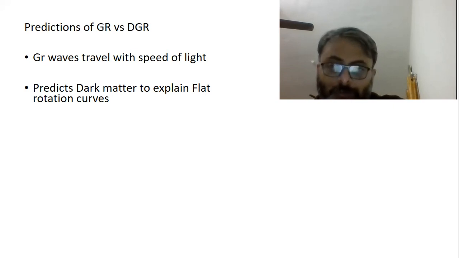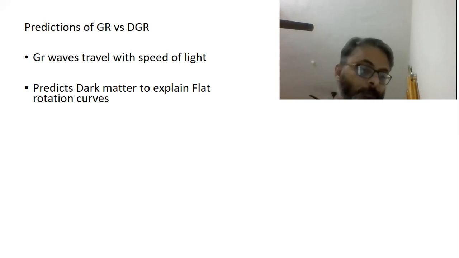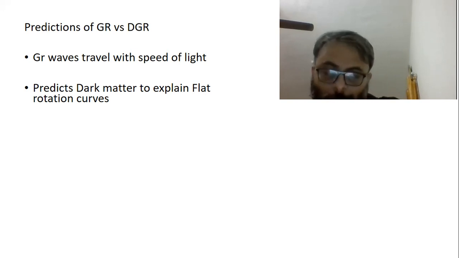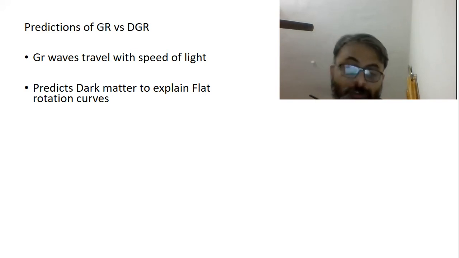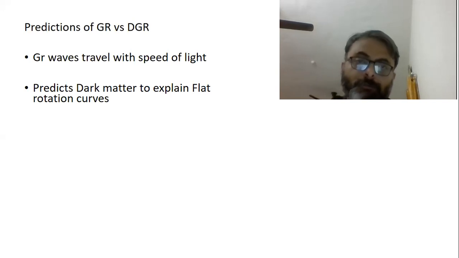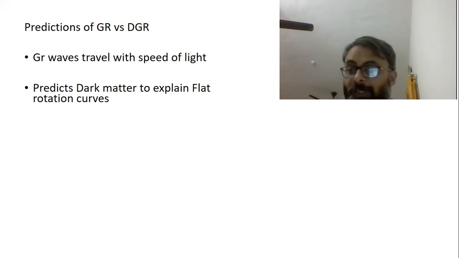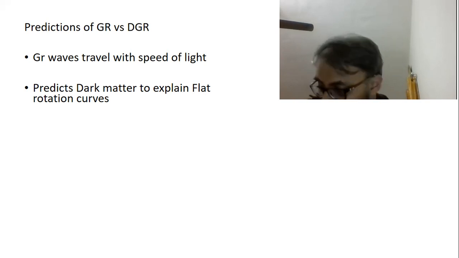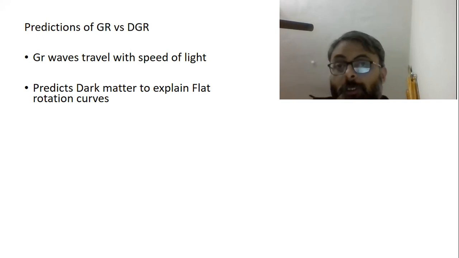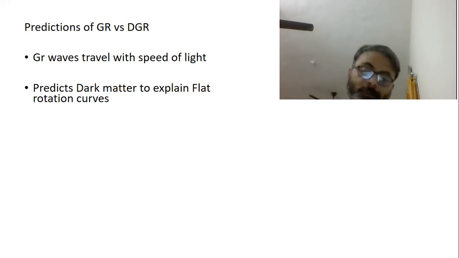But we have to be a bit cautious here, because we don't have the mathematics yet, and we know that MOND, which DGR predicts gravity behaves like at long scales, cannot by itself completely rule out dark matter for galaxy clusters.